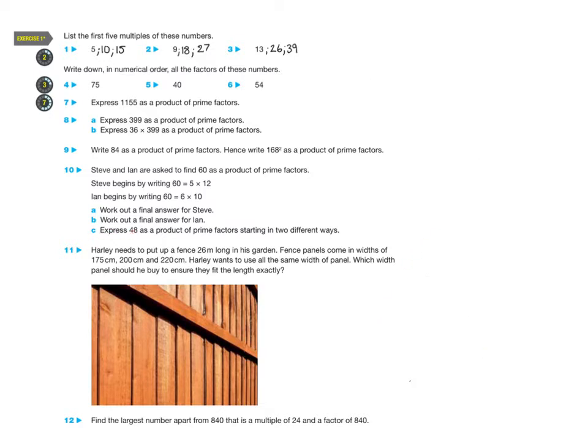Question 10b is not really linked to the top two, but it is linked in a way that they're wanting to show that we can calculate 48 as a product of its prime factors in 2 different ways.